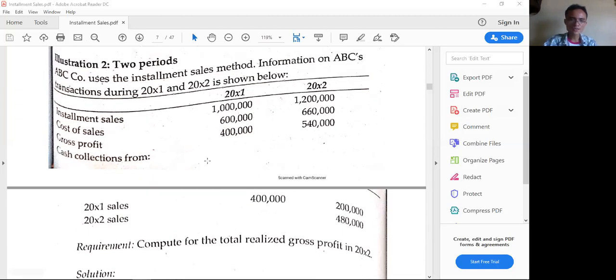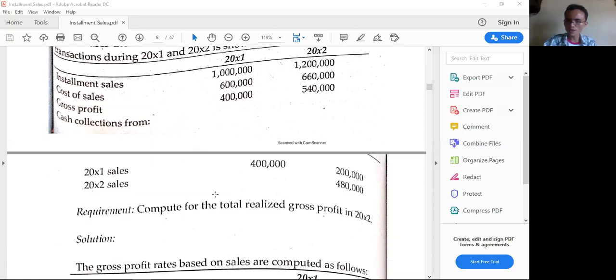Here we are given the items on both 20x1 and 20x2, and the requirement is to compute the total realized gross profit in the second year. What is clear here is that for 20x1, whatever the gross profit rate is will be used for computing the realized gross profit in 20x2.